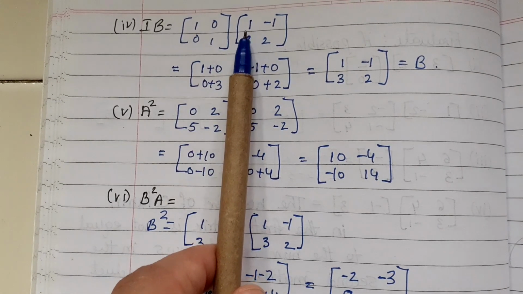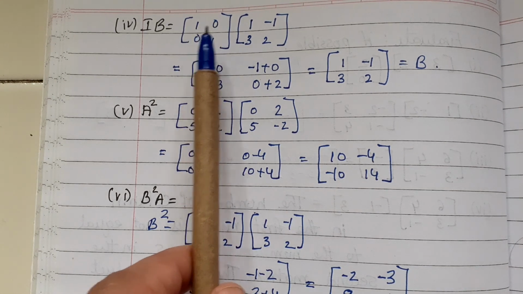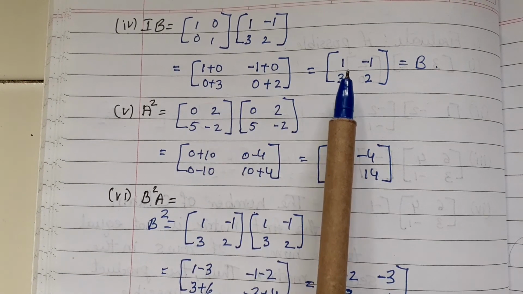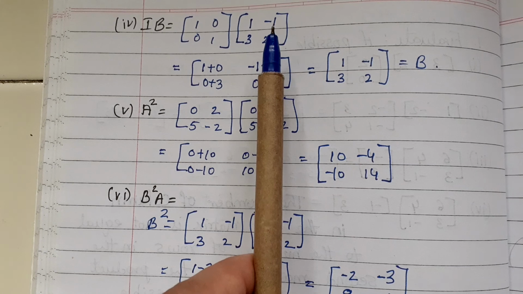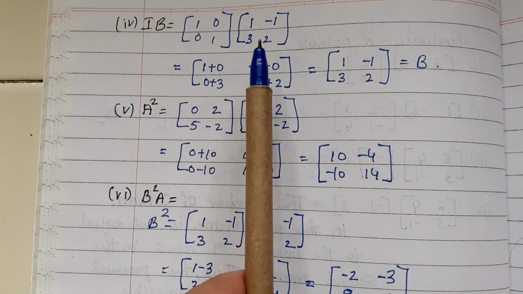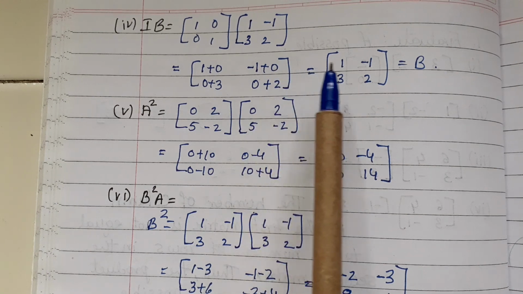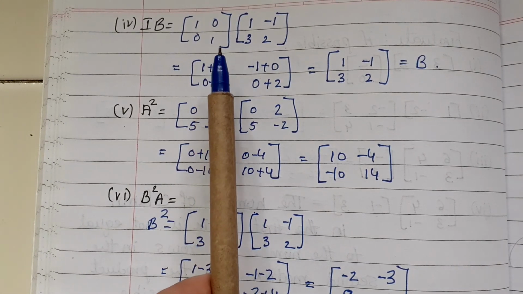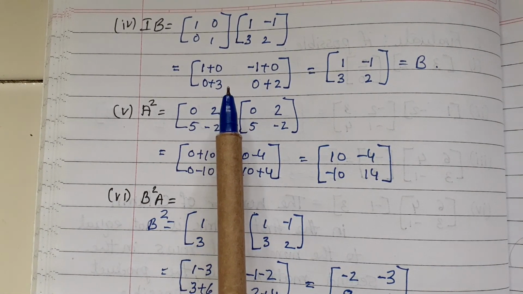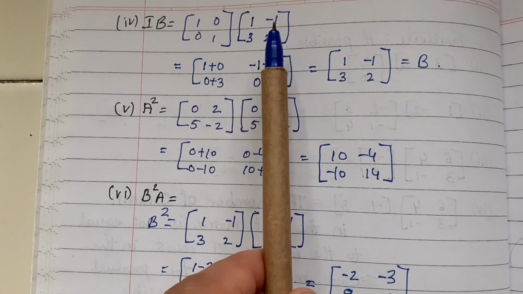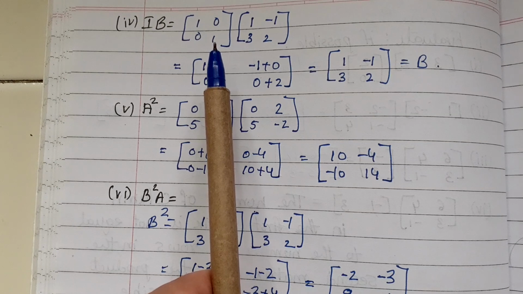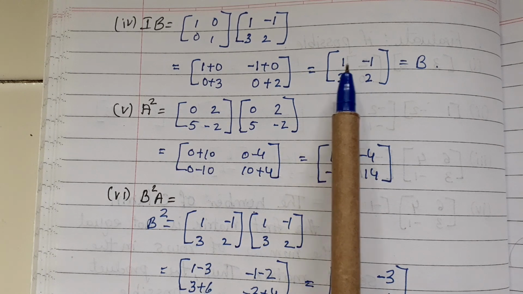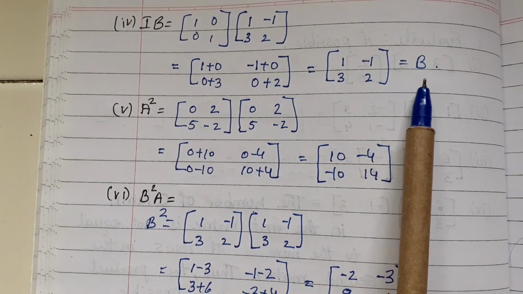Multiplication, 0 into 1, 0, 1 into 1, 1, 0 into 3, 0, 1 plus 0, 1, 1 into minus 1, minus 1, 0 into 2, 0, minus 1 plus 0, minus 1, 0 into 1, 0, 1 into 3, 3, 0 plus 3, 3, 0 into minus 1, 0, plus 1 into 2, 2, 0 plus 2, 2. Equal to [1 -1; 3 2], which is equal to B matrix.